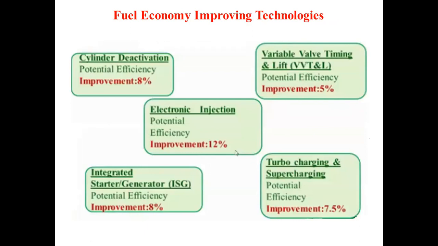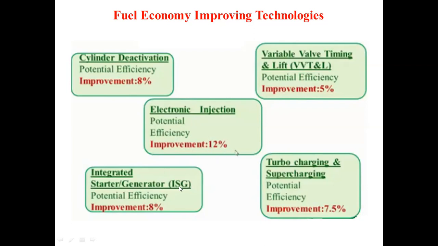In many vehicles, you might have heard about cylinder deactivation, with a potential efficiency improvement of 8%. In many engines, you are now observing variable valve timing and lift, that is VVT and VVL. The potential efficiency improvement is 5%. Then you are observing electronic injection, which improves the efficiency by 12%.